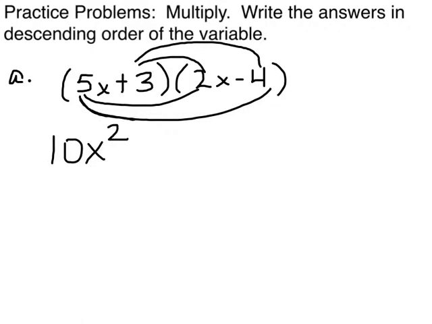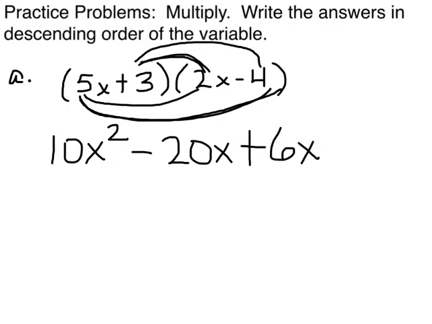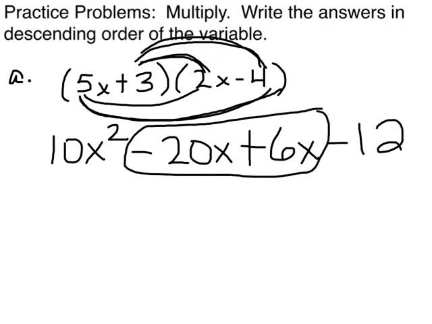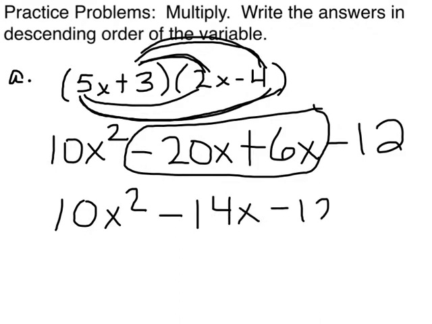And then 5x times negative 4 is negative 20x. 3 times 2x is positive 6x. And 3 times negative 4 is negative 12. And again, we can add these inner terms and simplify. 10x squared minus 14x minus 12 is our final answer.